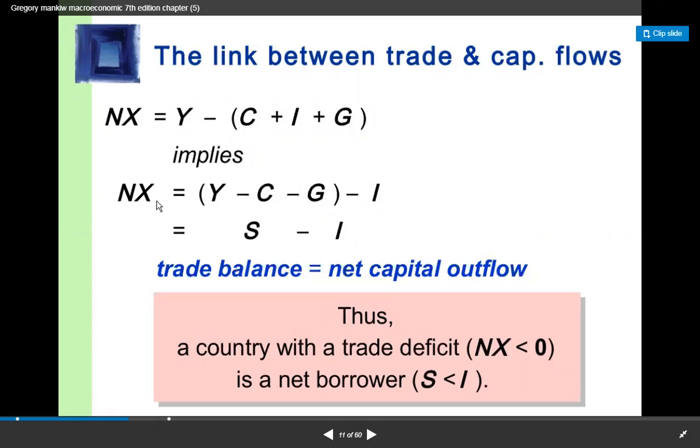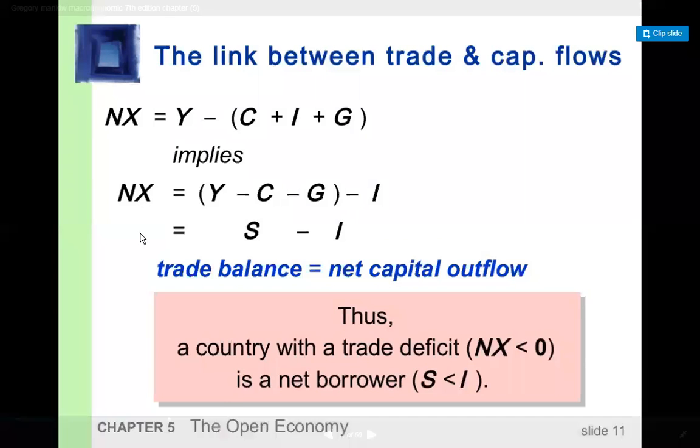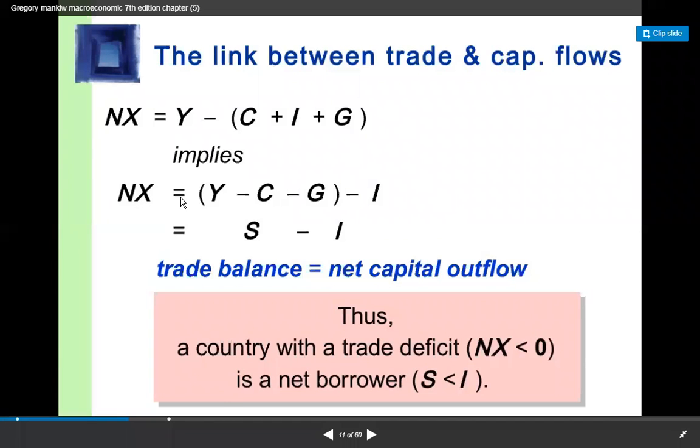If trade is in surplus, then net exports are positive. Definitely the right side will also be positive. Saving will be greater than investment. When savings are greater than investment, then the country will be a net lender.